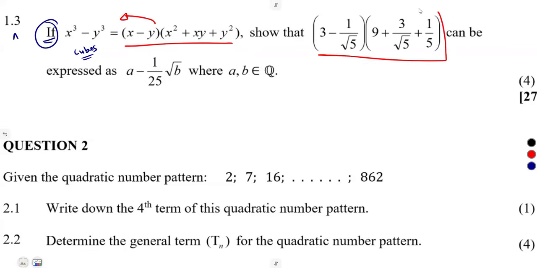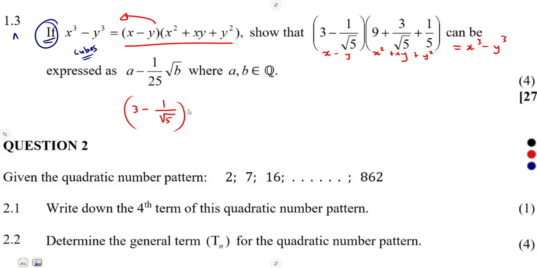The factorized part, where we've got x minus y into x squared plus xy plus y squared, was taken from x cubed minus y cubed. So in our case, 3 minus 1 over the square root of 5 into this part as it is.